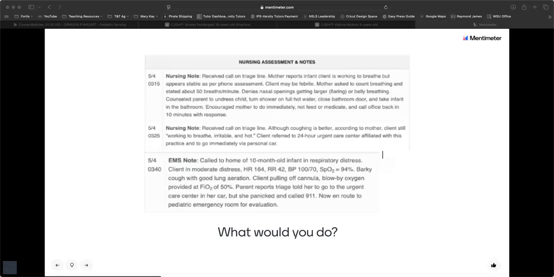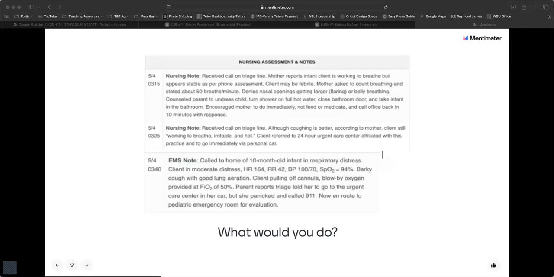She calls back. She said the coughing is better, but baby is still working to breathe, irritable and hot. So the triage nurse now tells her to call 24-hour urgent care and go immediately in their personal car. So mom unfortunately panics and calls 911 instead. So EMS shows up. We have a 10-month-old infant in respiratory distress, moderate distress noted.